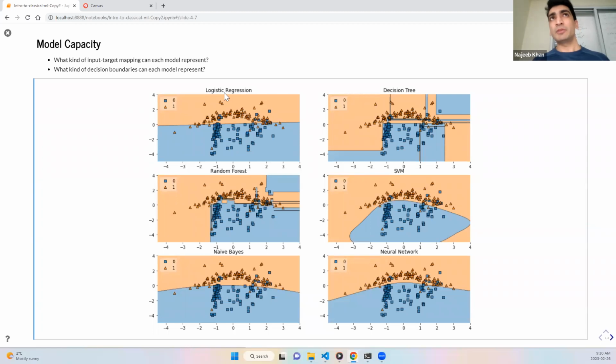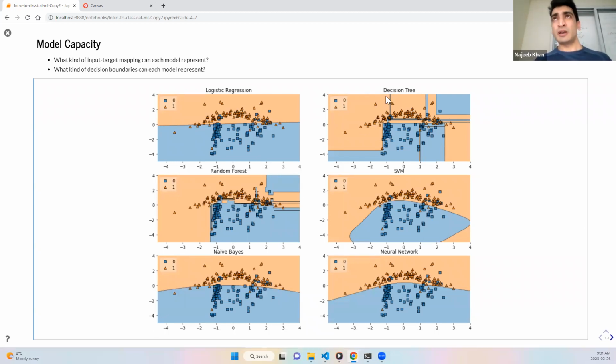As you can see, logistic regression can only do linear boundaries, so straight lines. But decision trees can have if-else statements on very arbitrary regions, so they can make arbitrary rules or decision boundaries for you. In terms of capacity, logistic regression has less capacity than decision trees.